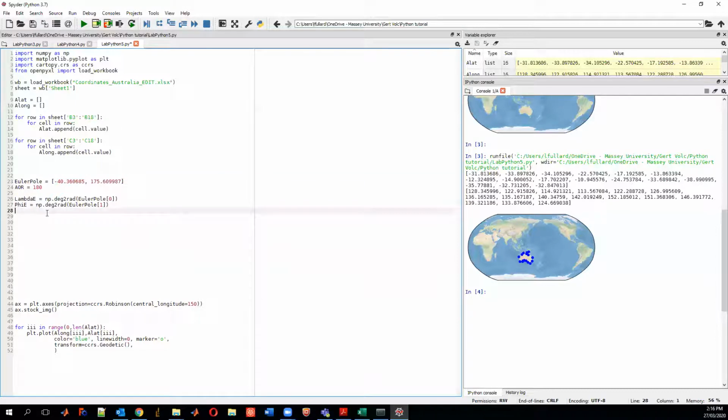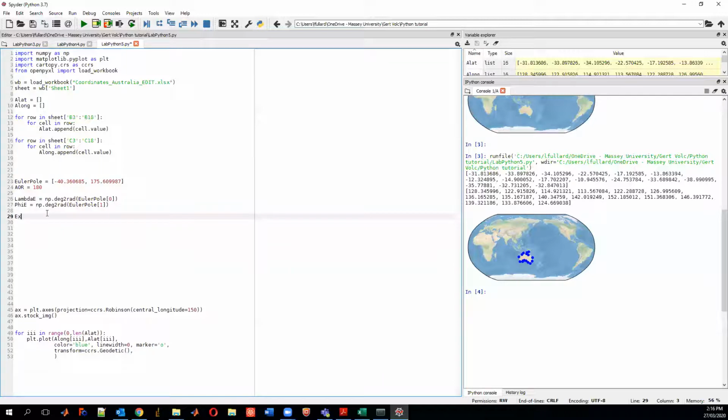Then I can write down the Cartesian coordinates of this point. If you recall from an earlier class, we calculate this like so. For x, we take the cosine of lambda e and multiply that by the cosine of phi e.